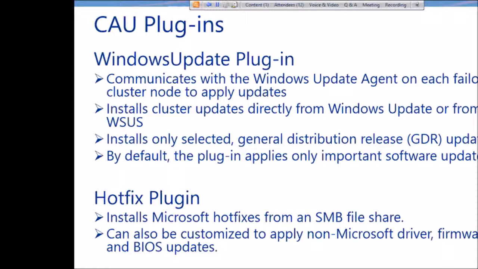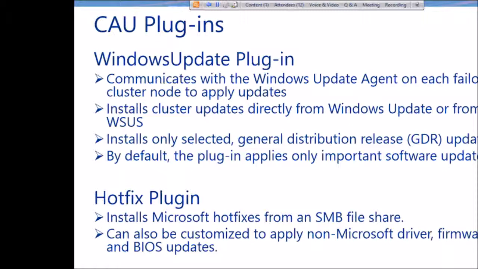Each plugin has some specific requirements. The Windows Update plugin is pretty straightforward because it relies on the Windows Update agent, and the Windows Update agent knows where it can get the updates, either from the Microsoft Update server somewhere on the internet, or from the WSUS server, which is locally sitting in your network. But the hotfix plugin has some specific requirements. We need to make sure that the hotfixes are located in an SMB share, and we need some specific security permissions on that SMB share.